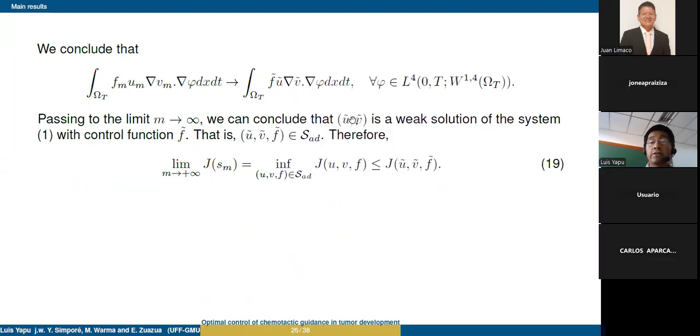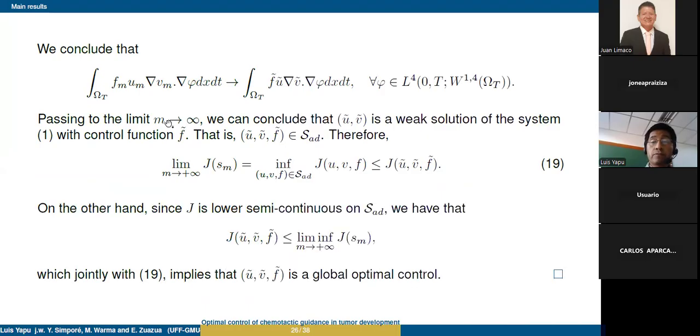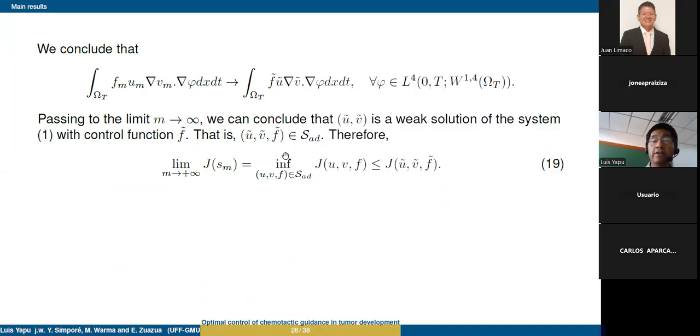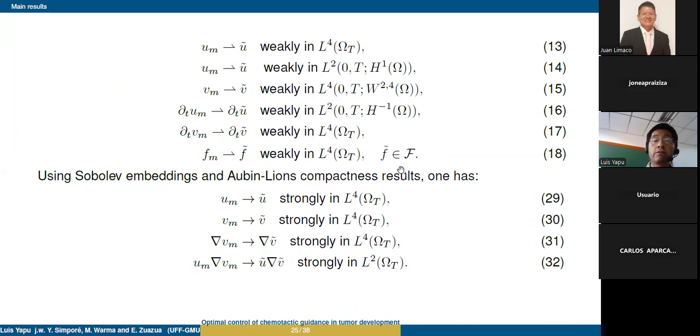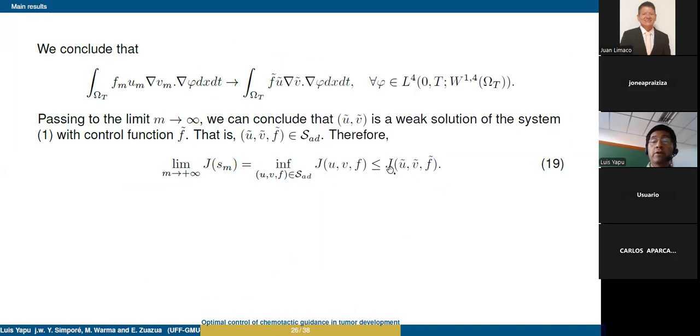Here phi is the test function, and now we can pass to the limit in the equation. So there exist the limits u tilde and v tilde, which verify the equation. Since they verify the equation, the value of the functional at this point is bigger or equal than the infimum, which was attained by the sequence.